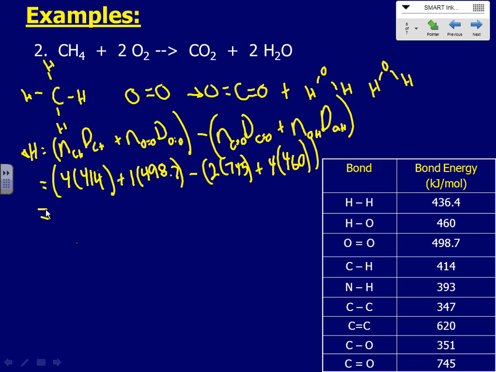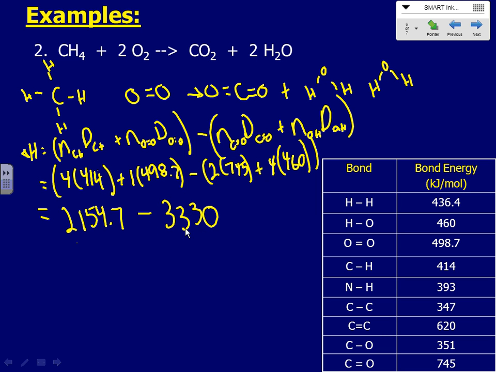Beautiful. Again, I like to do them as bonds broken and bonds made separately. 4 times 414 plus 498.7 equals 2,154.7, minus 2 times 745 plus 4 times 460 equals 3330.